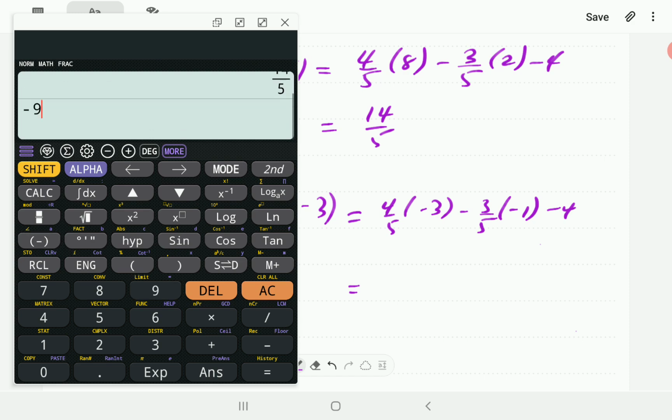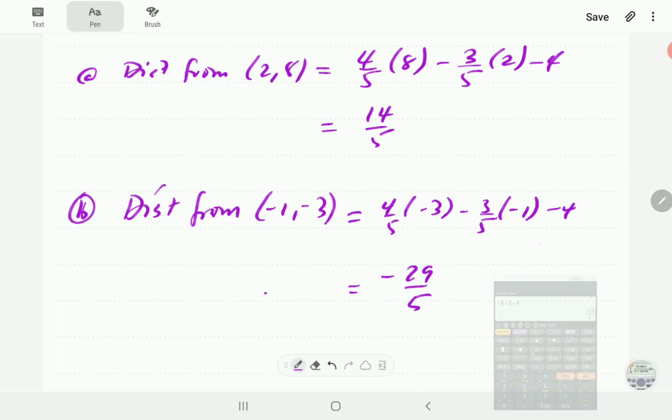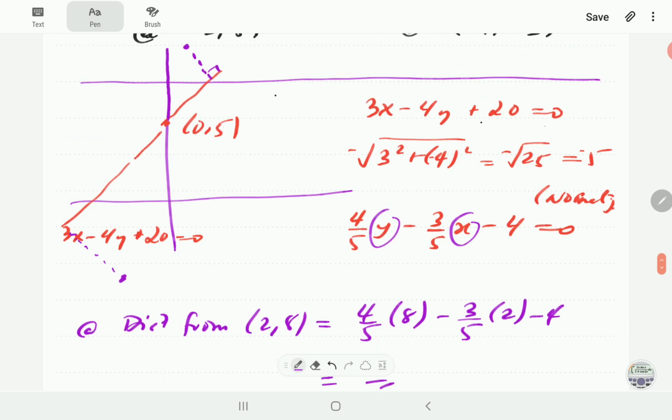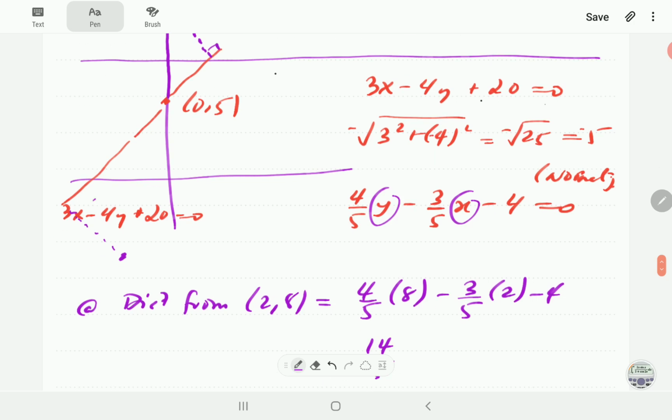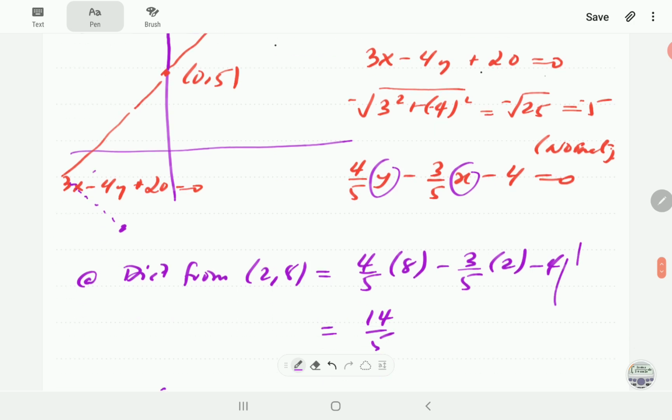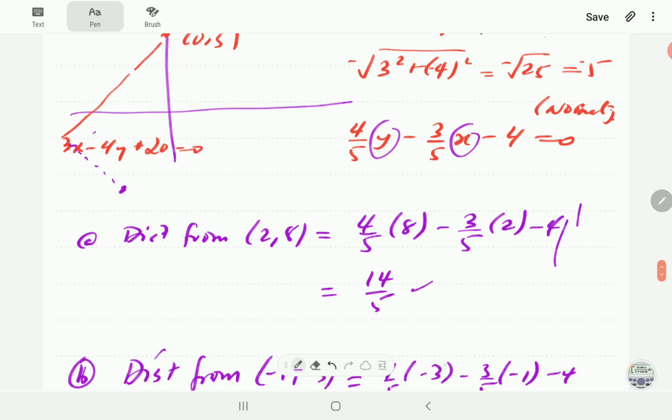So we're going to have minus 9 over 5 minus 4. This is going to give us minus 29 over 5. So the fact that this distance is negative tells us that this point is below our given line, and this one being positive tells us that that point is above our straight line.